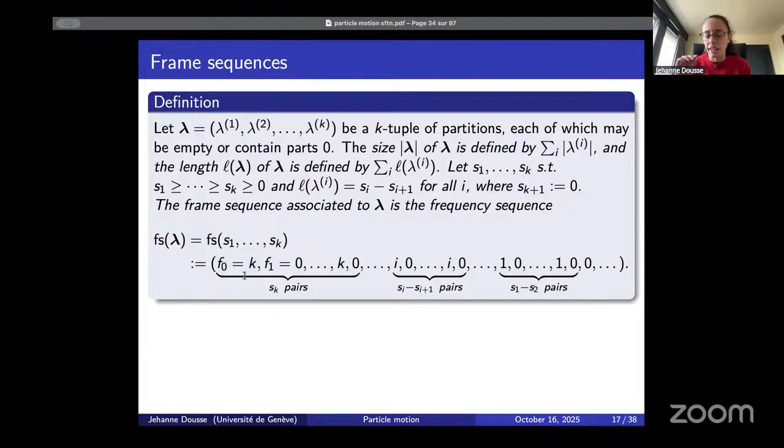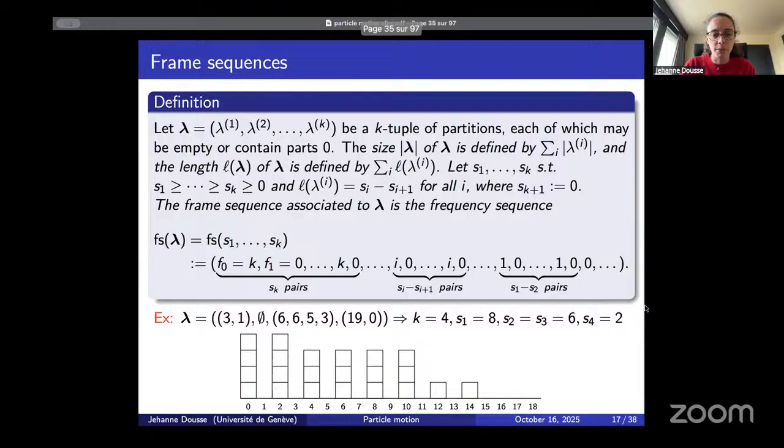Already for Warner, I only gave you the particular case r equals 0, but in that case it was really the same definition, except we offset all the indices by one lower. So we start at 0, and we do k0, k0, k0, but starting at 0, not at 1. And the rest is all the same. The only difference is that we start at 0.